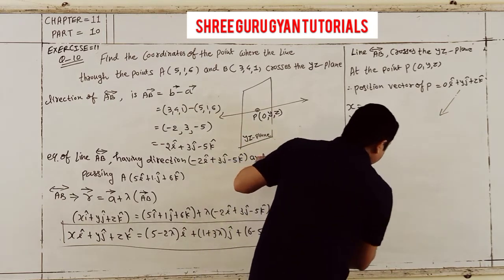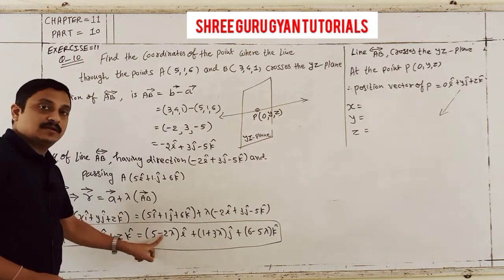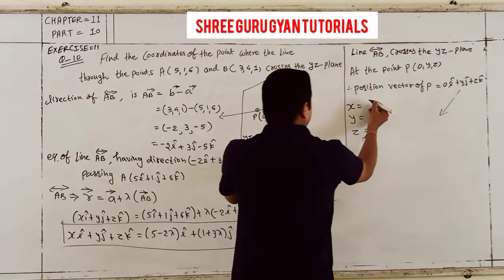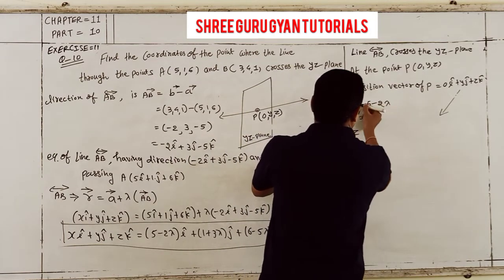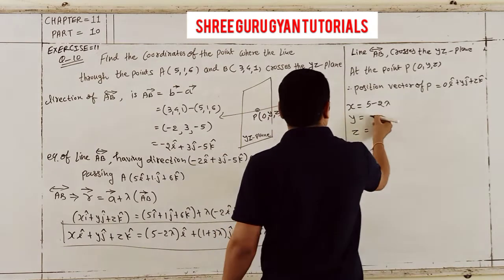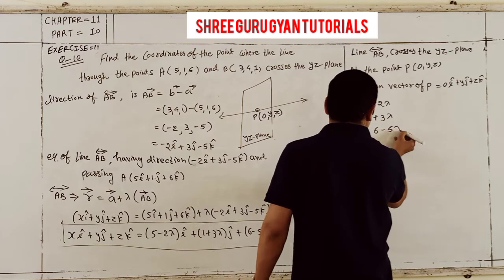Only compare the values. So what is your x? 5 minus 2 lambda. Second, similarly y is 1 plus 3 lambda, and last z is 6 minus 5 lambda.